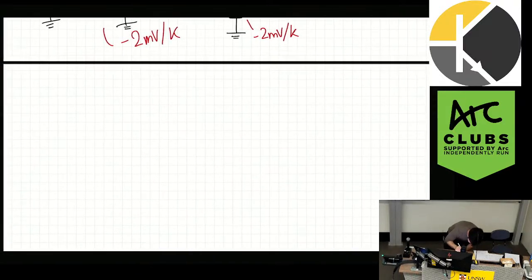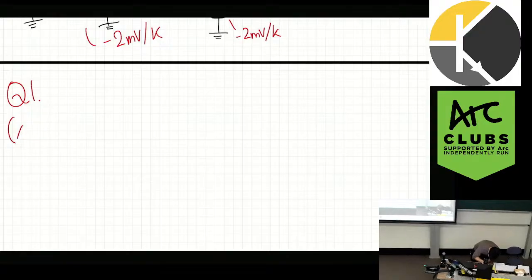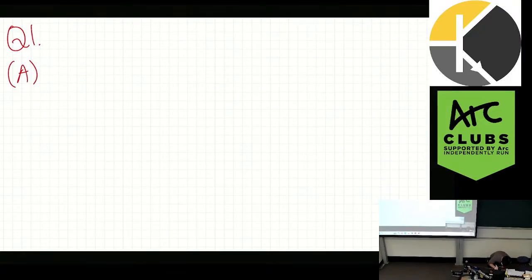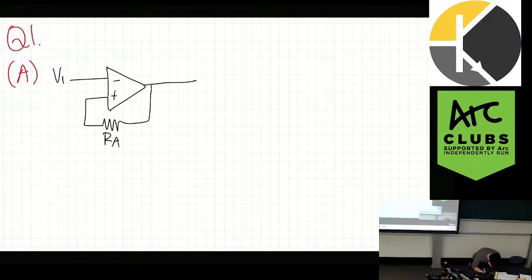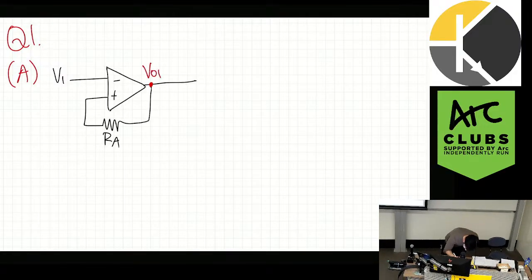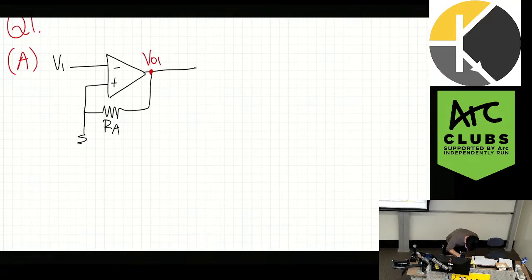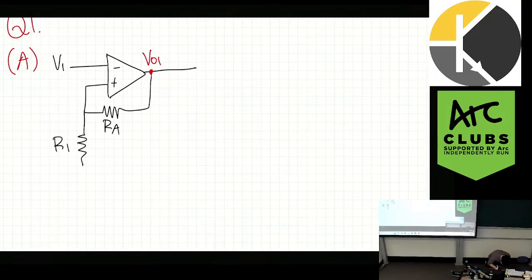So question 1A. We have a signal, which I'm just going to call V1, and it's sent into an amplifier with a resistance RA. And the output of the first stage, I'm just going to call Vout1. And then these are joined together by a resistor R1.